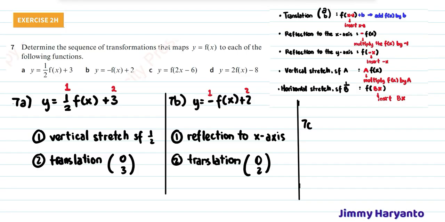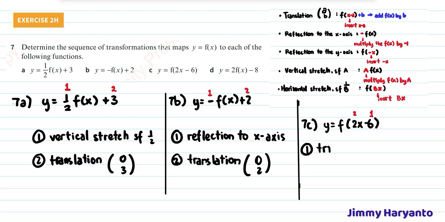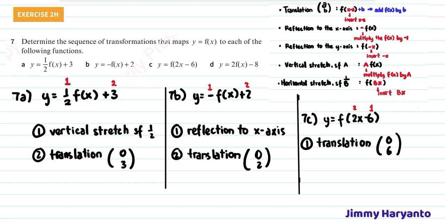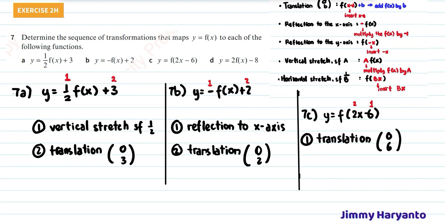Okay, next is 7c. For 7c, we have y equals f(2x minus 6). This one is the second type of the order of transformation. So you have to do this one first and then this one. So first we do translation by a factor of 6, 0. Remember to change the sign. If it is negative, you input it as positive.